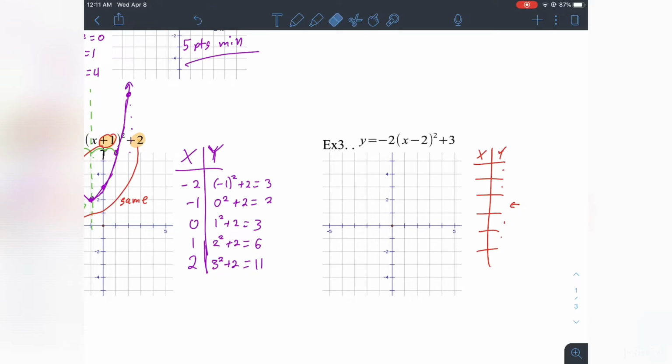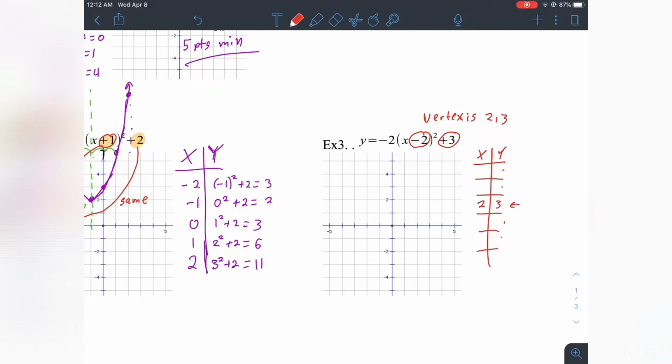So you need to graph the vertex and 2 points on either side. Now our pattern holds up. The vertex is the opposite of this, comma, this. So the vertex is 2, 3.